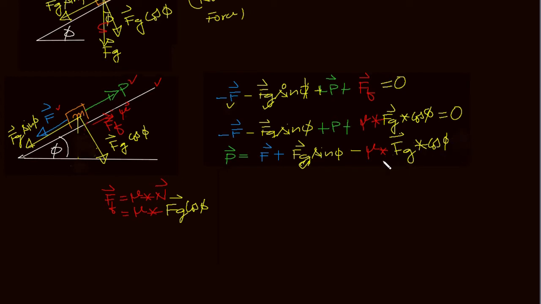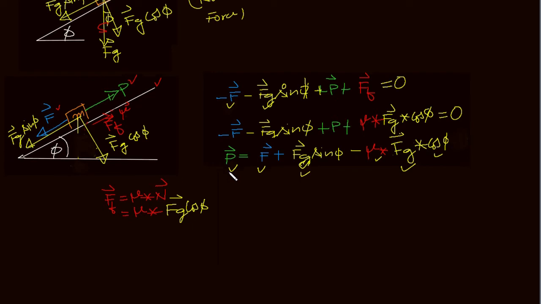All right, at this point let's perform dimensional analysis, and you see that this is a force, this is a force, this is a force, this is a force multiplied with two constants. So again, both sides are force.